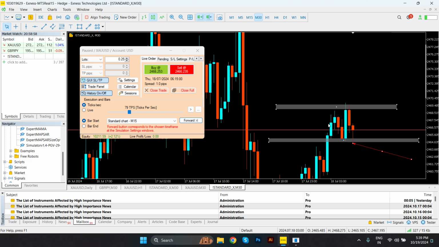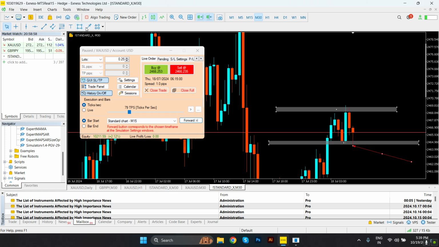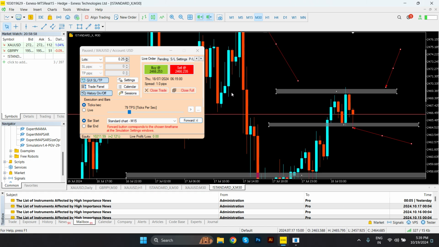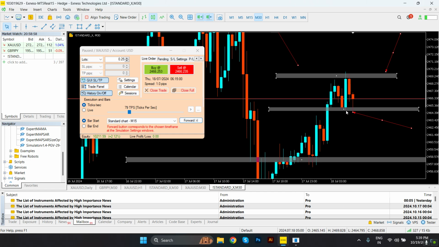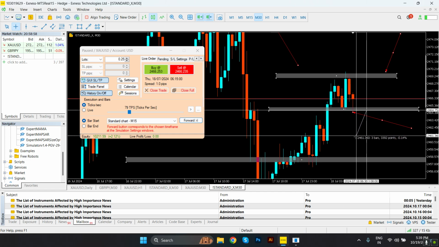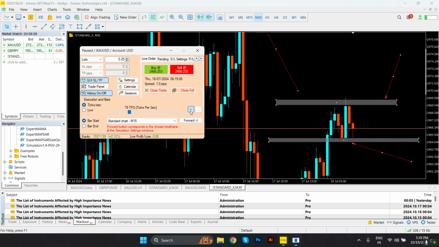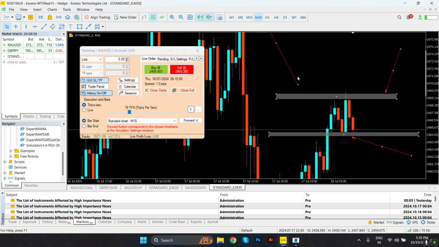Once this consolidation breaks, I want price to break above this resistance area and continue pushing to the top, because we have a clean candle to the top and top left. And if we break below this, we have this 20 and this 40, 50 pip area. Let's just see.